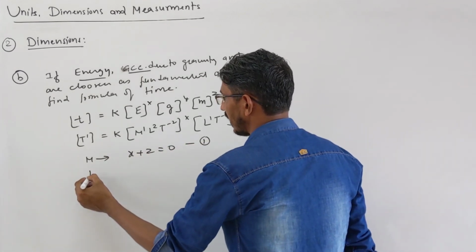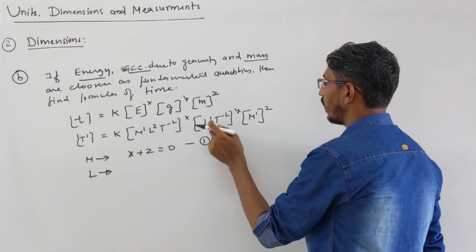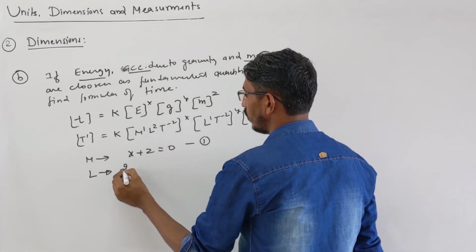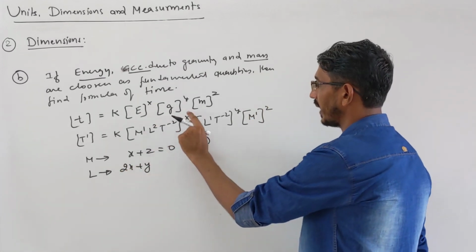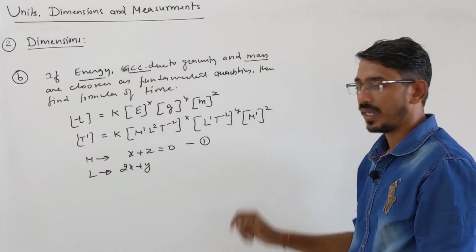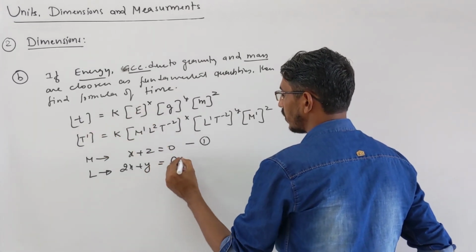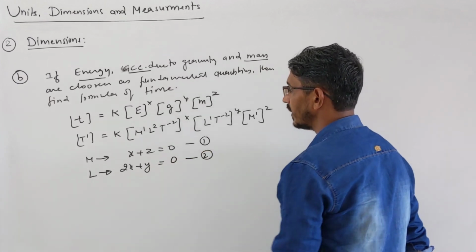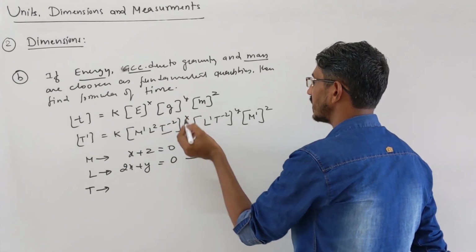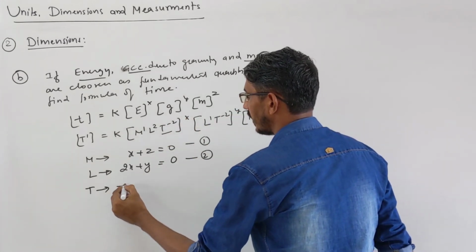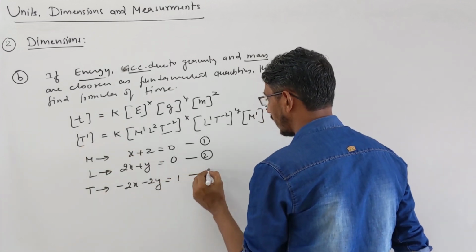Let's find length: l power 2 into x, l power 1 into y, so 2x plus y, and that side there is no l, so 0, equation 2. And third, let's talk about time. Time is coming here, minus 2 into x, minus 2 into y, so minus 2x minus 2y is equal to 1, this is equation 3.